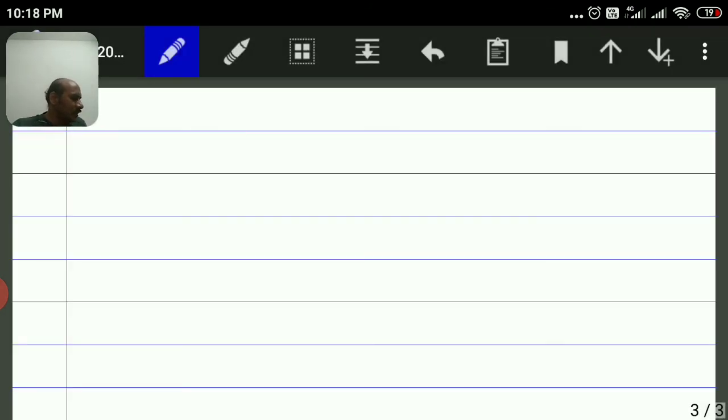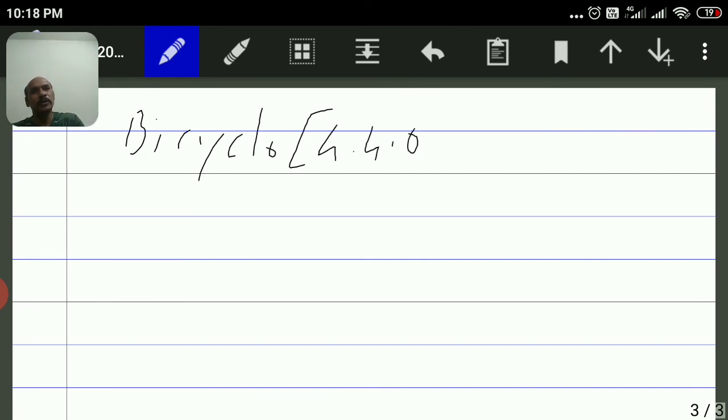The next example given here is bicyclo 4,4,0. So what does that 0 indicate? That 0 indicates it must be a fused ring compound, that is, having 2 carbon atoms as common carbon atoms.